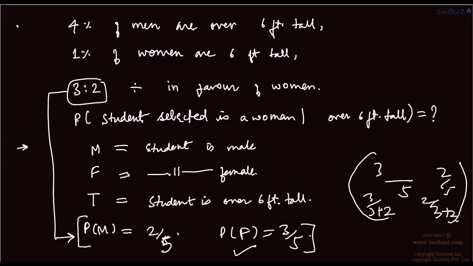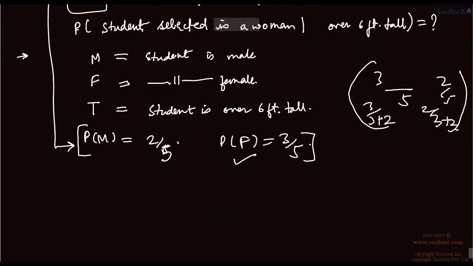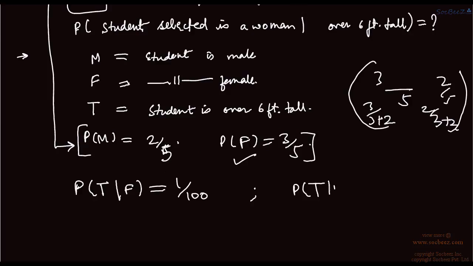Now we'll move on. The probability of 6 feet tall given female is 1%, that is 1/100, and similarly the probability of T given male is 4/100.